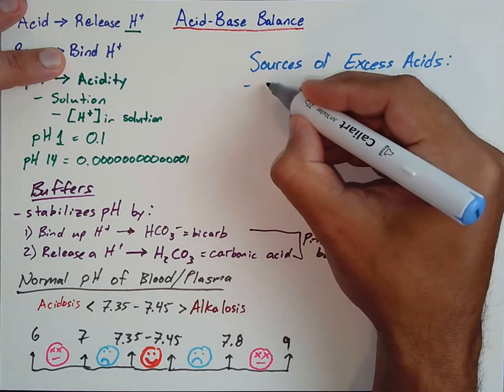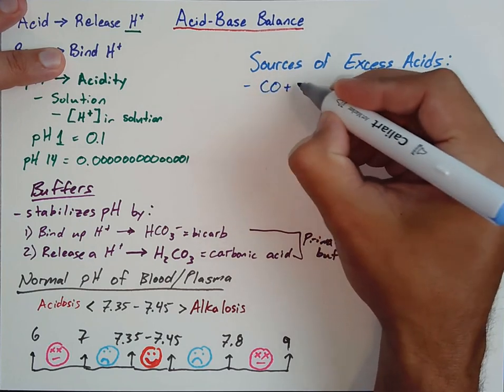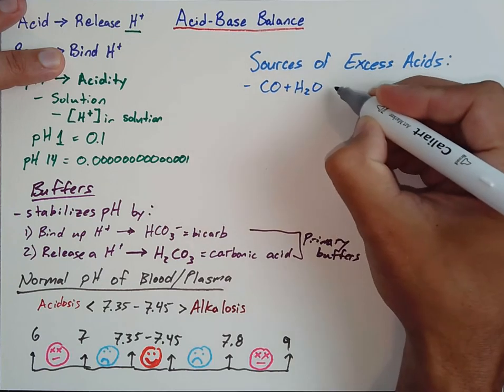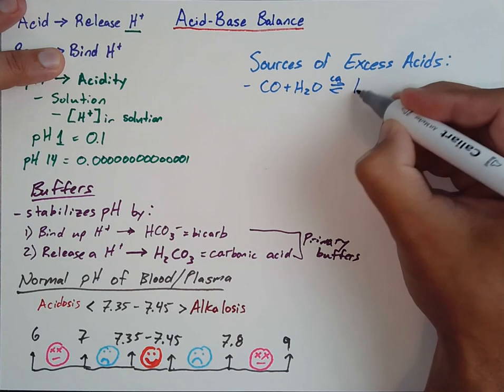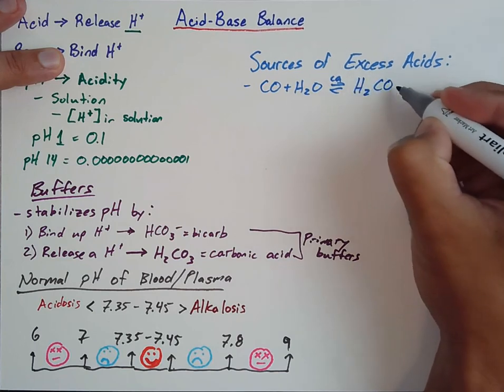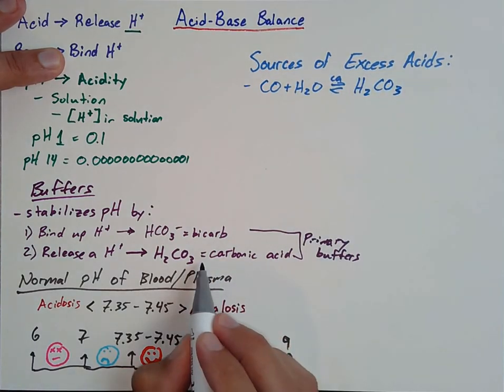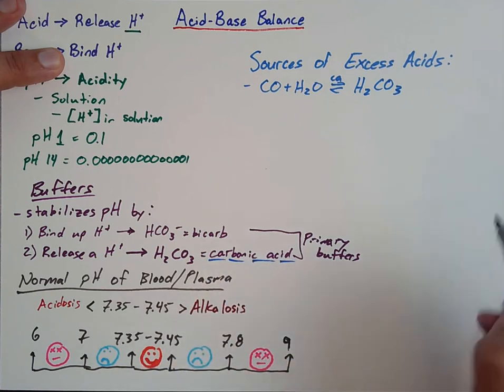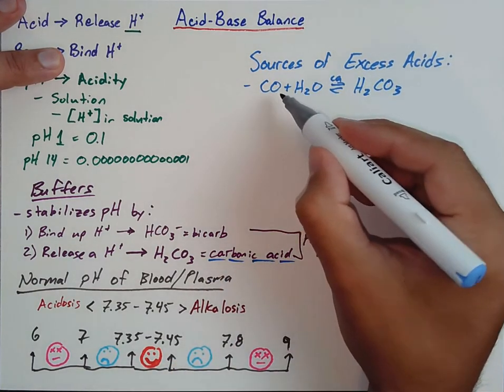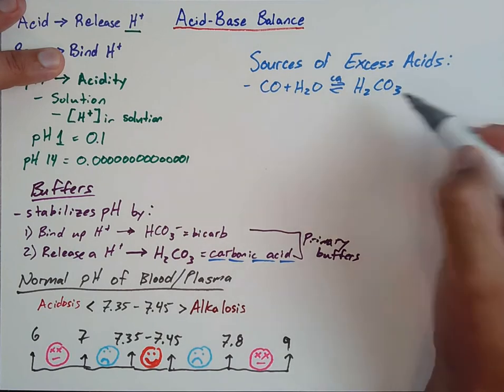Because carbon dioxide plus water, primarily in the presence of carbonic anhydrase, makes H2CO3, which is what we saw down here, right? H2CO3 is carbonic acid. And as long as carbon dioxide levels are around, we're going to have carbonic acid.